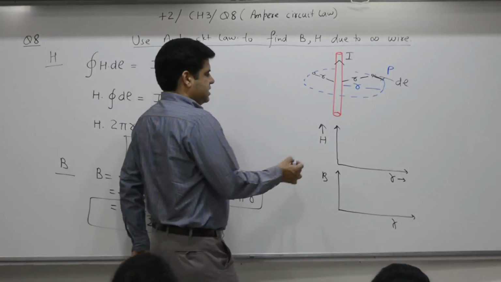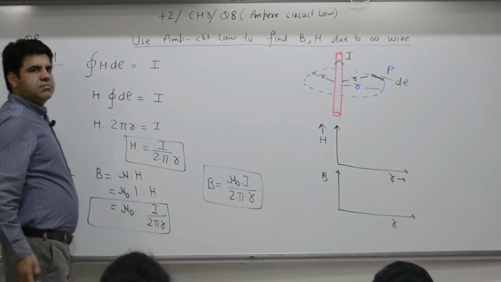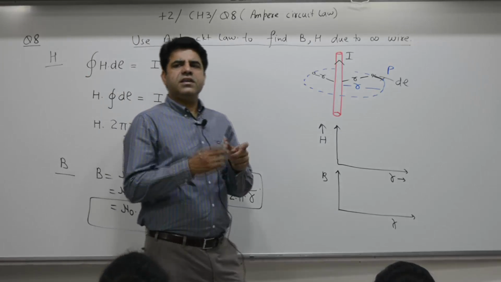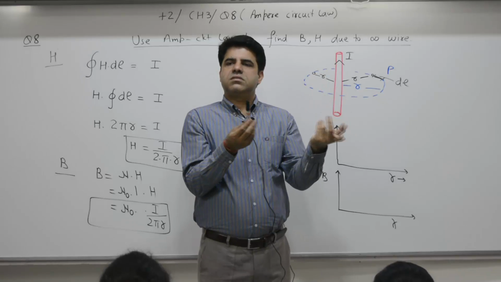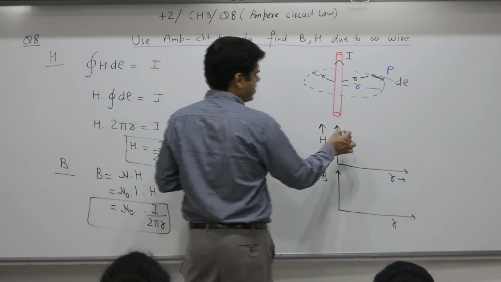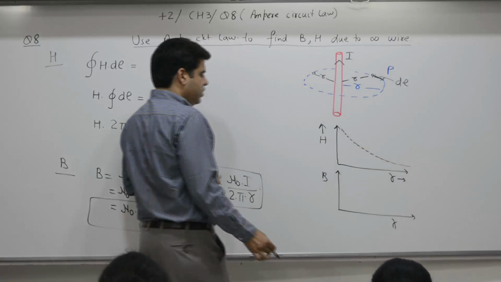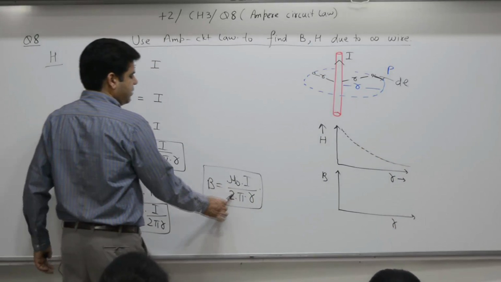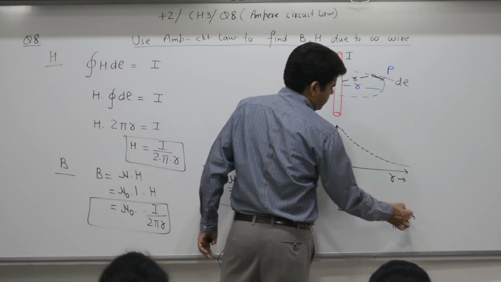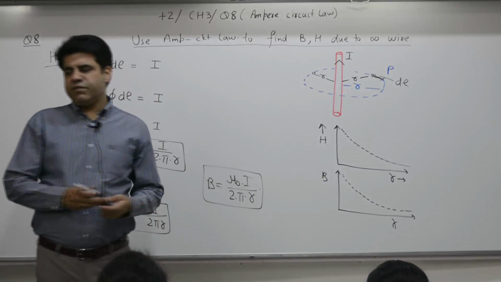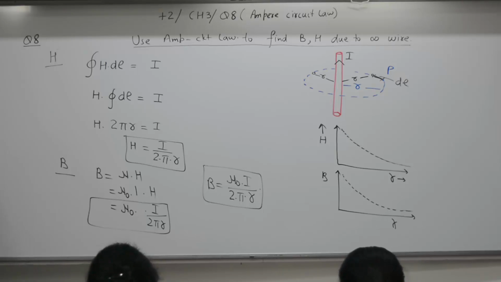As R increases, H decreases; as you move away, the effect decreases. So it is inversely proportional to R. B also, B is equal to mu naught I by 2 pi r. As R increases, B decreases. Time with you is 3 minutes.